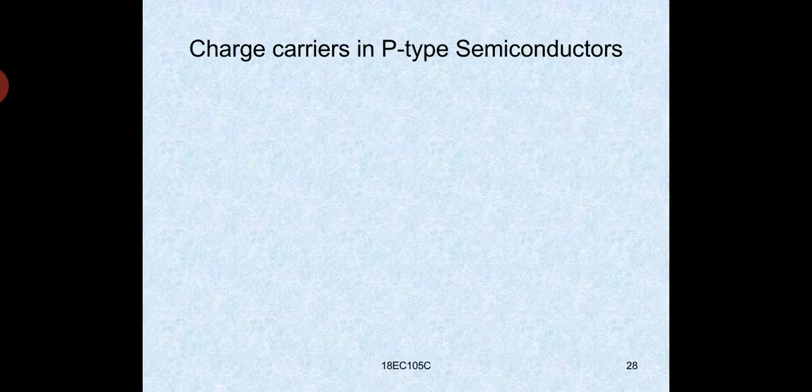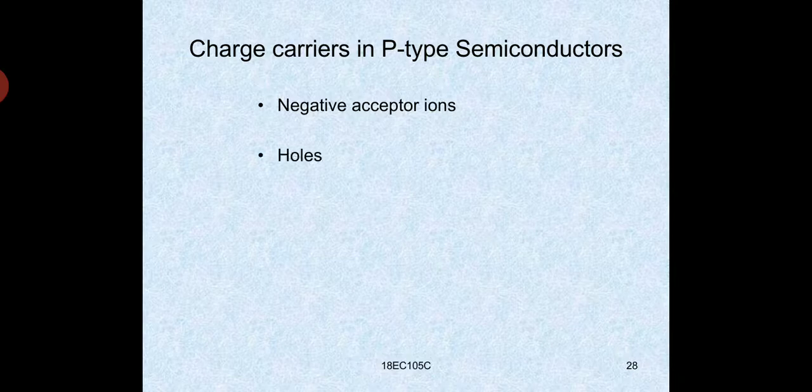Now let us discuss the charge carriers in the P type of semiconductors. So you have negative acceptor ions, then you have holes, and you also have a few free electrons which are minority carriers here.